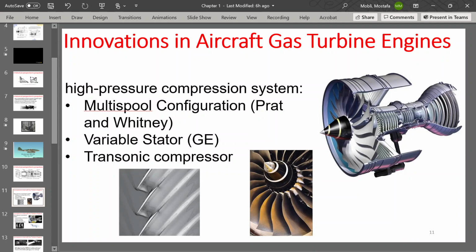Most of this innovation has been added to the jet engine design in the United States by U.S. companies, which started with the German scientists. Most of them were brought over after the war, right? Which is the case for most of the aerospace industry.